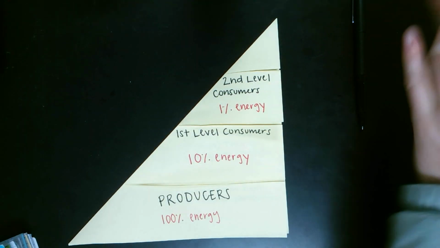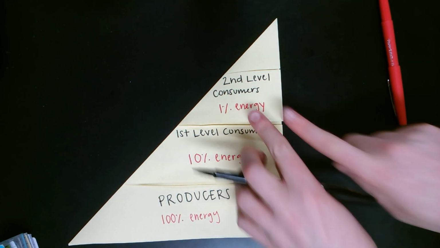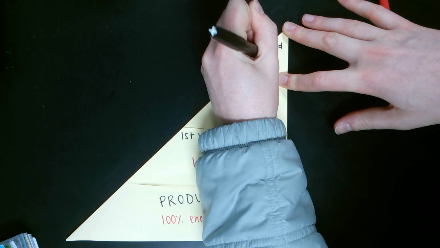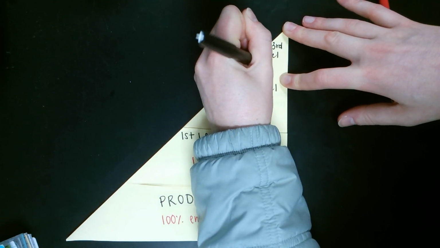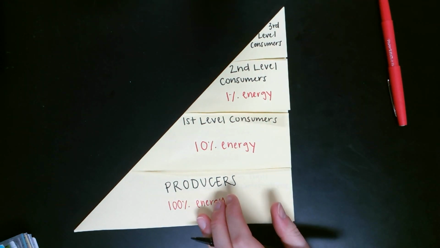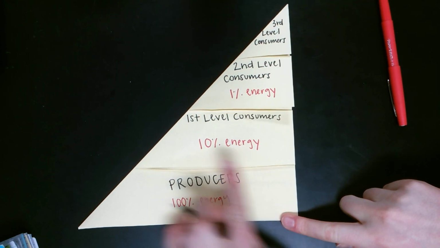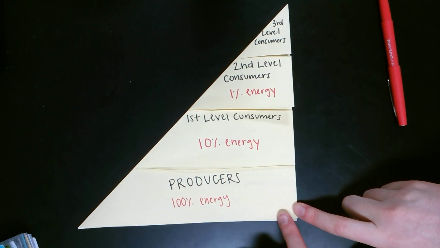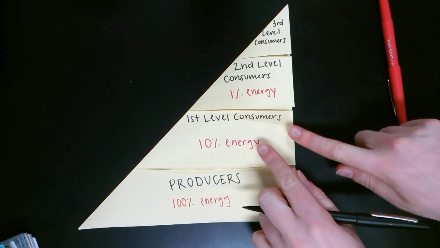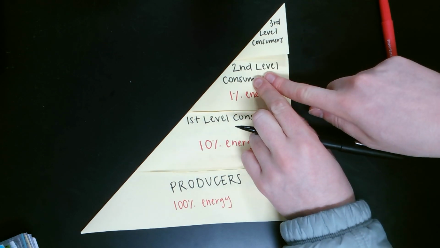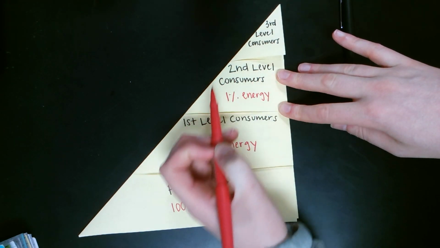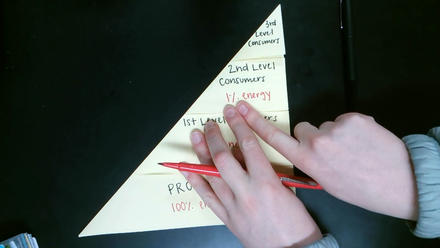And our top level, as I'm sure you can see a pattern now, is the third level consumers. And by the time that they are eating and getting glucose, out of 100% of that energy that entered the ecosystem through producers during photosynthesis, they've used some, the first level consumers have used some, the second level consumers have used some, and now they are only getting about 10% of the energy from the second level consumers, which was only 1% originally.